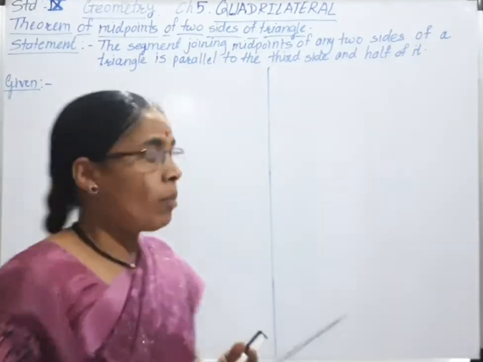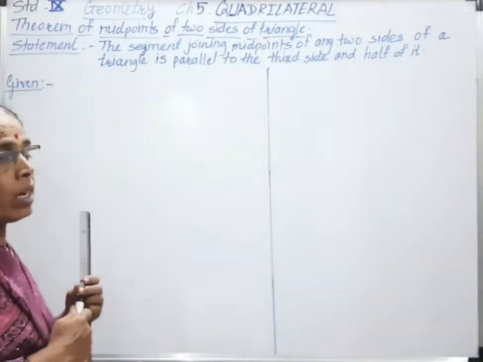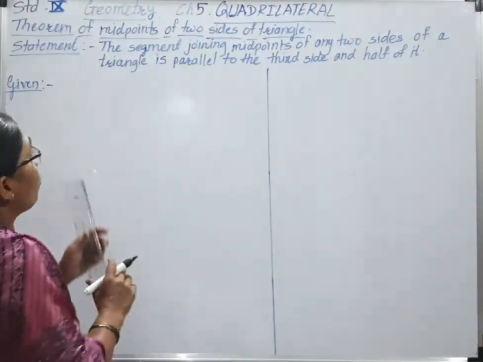Now from the statement, we first have to draw the figure, then only we can understand what is given and what is to be proved.